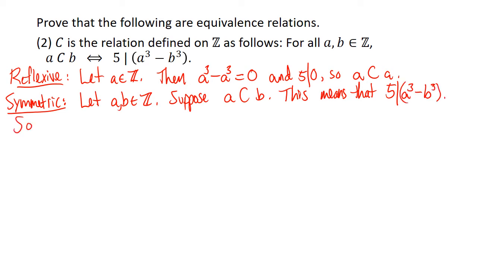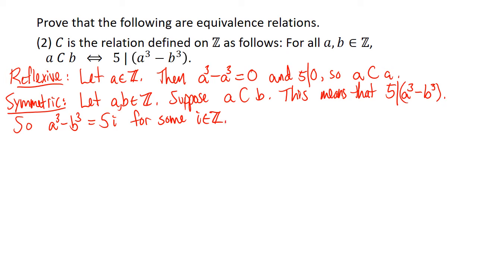Okay, so a cubed minus b cubed equals 5 times some integer, which I'll just call i, where i is an integer. I should have said for some i in the integers. Let me just erase it. Putting the for some i in the integers part at the end there is the same as putting then there exists some i in the integers at the beginning.